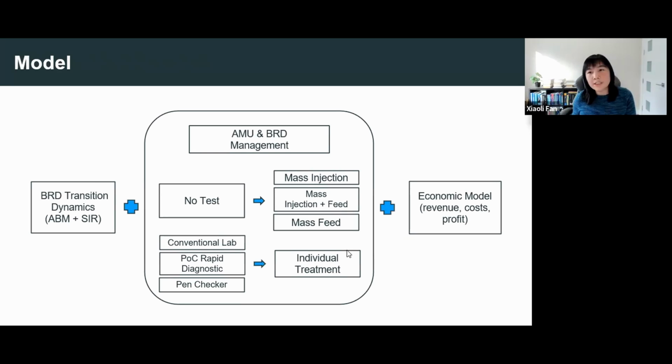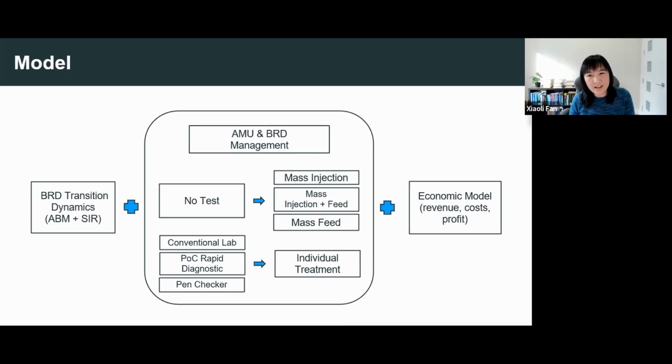And an overview of our model, we have an agent-based and SIR integrated model for disease transmission. And then we introduced antimicrobial management or antimicrobial strategies to manage the bovine respiratory disease.